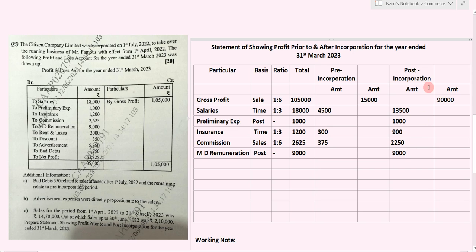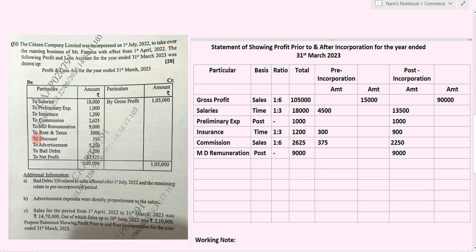We have noted it down in the post-incorporation. In my last videos, I have explained the allocation item list, which items will be allocated in the time ratio and on the basis of sales ratio. So do watch that video.